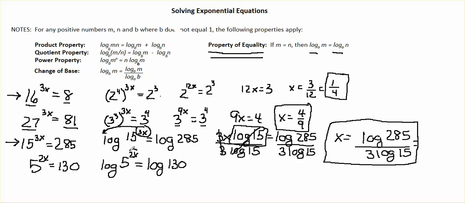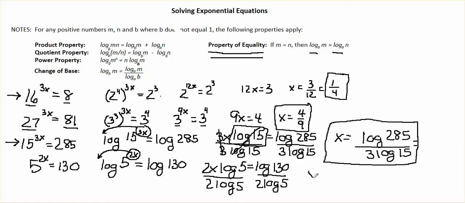We're going to move our exponent to the front by using our power property up here. We're going to say 2x log of 5 equals log of 130. We need to get x by itself, so we have 2 and log of 5 that are being multiplied by x, so we're going to divide the 2 and log 5 on both sides.